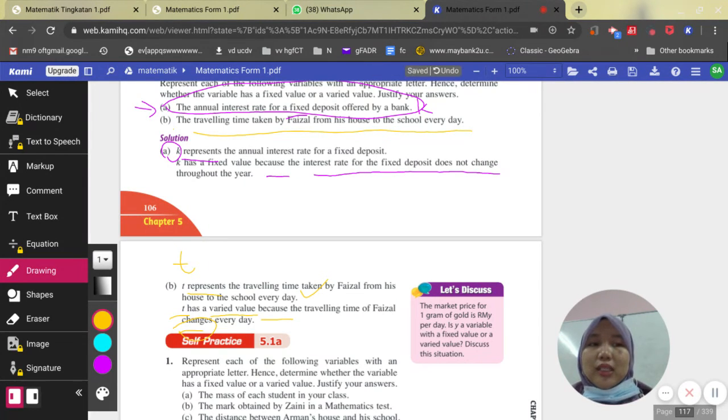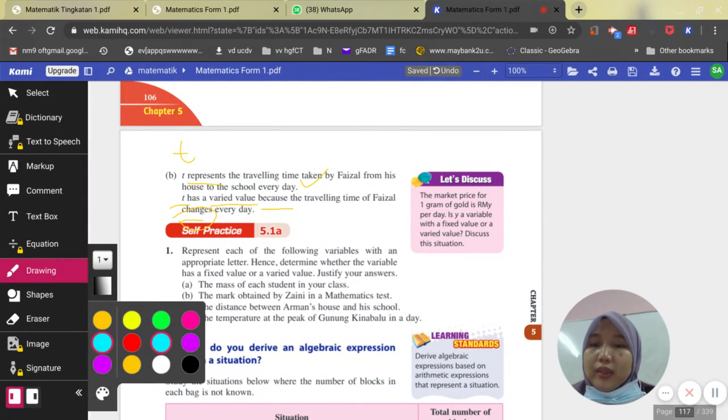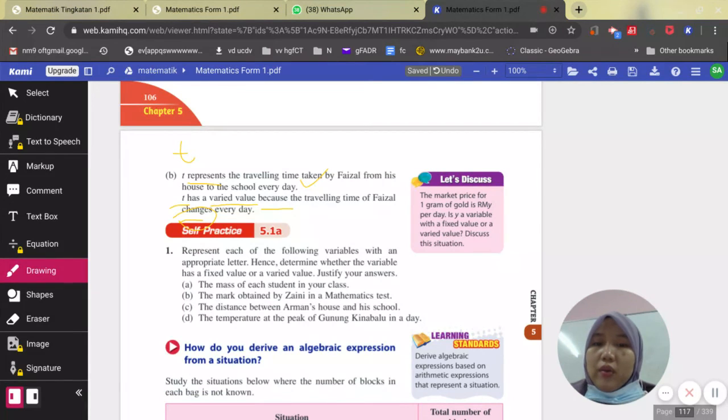Okay, so kerja rumah, what is your homework for today is, let's do this self-practice 5.1a, question 1. A, B, C, D. Cara jawab dia sama. Kita tulis satu, the mass of each student in your class. Apa kita mau represent?